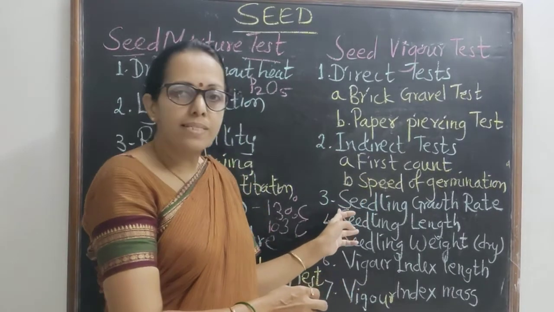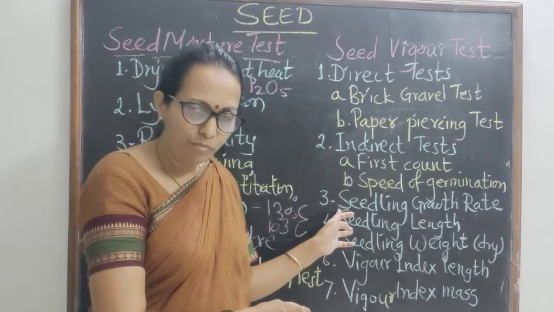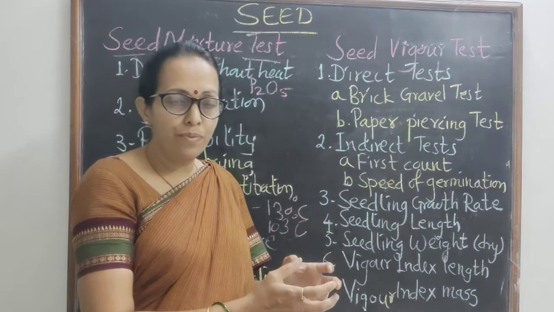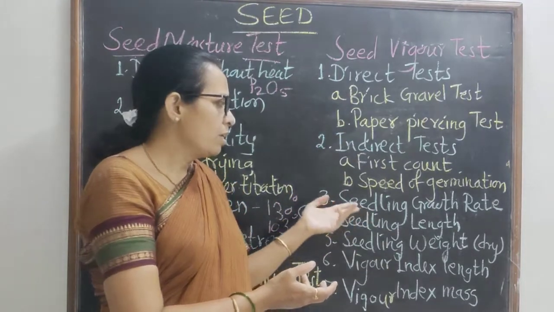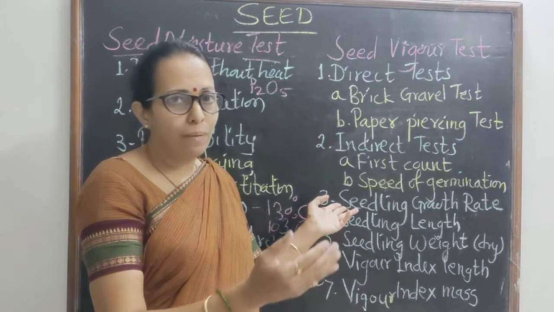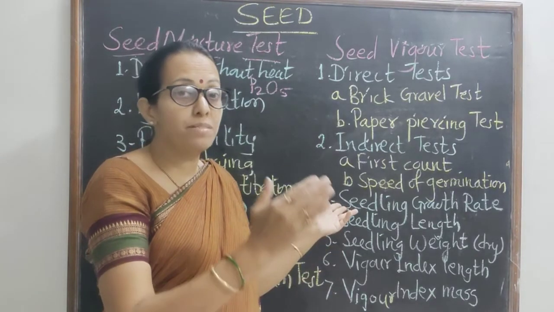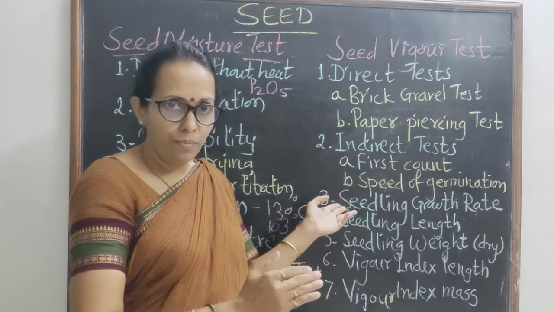Next, seedling growth rate can be measured. That is, the seed which emerges first is obviously more in all the growth parameters if the vigor is maintained through the seedling growth.